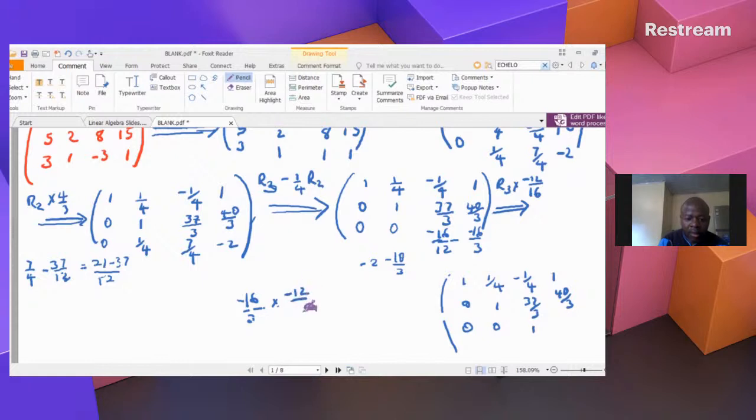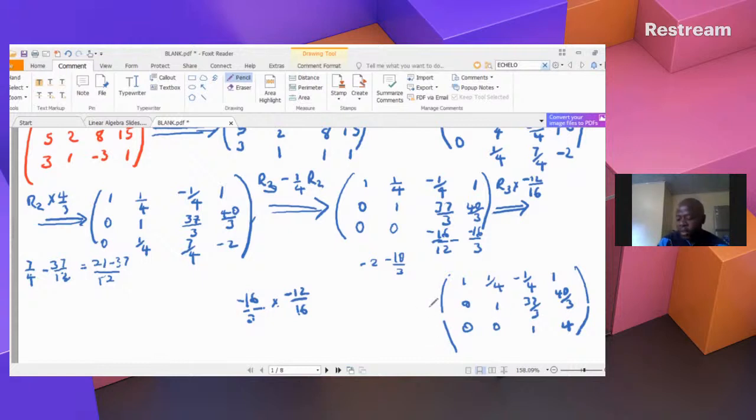The 16 in the denominator cancels the one in the numerator, and then this one goes there 4 times. Minus times minus is positive. So this matrix here is in echelon form.